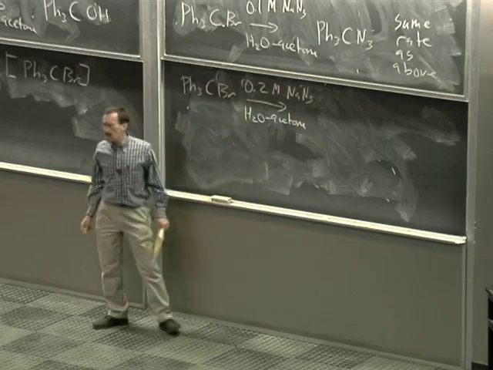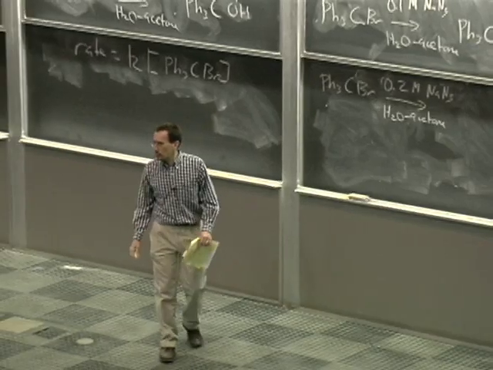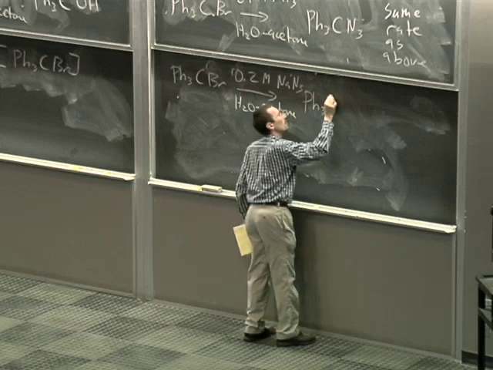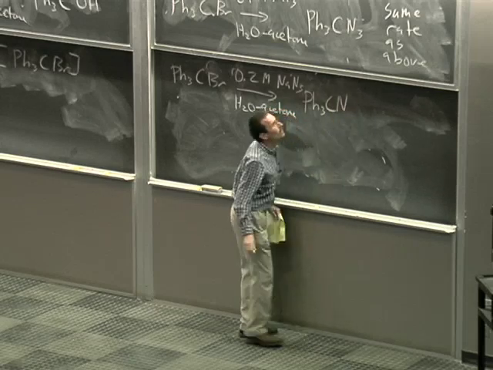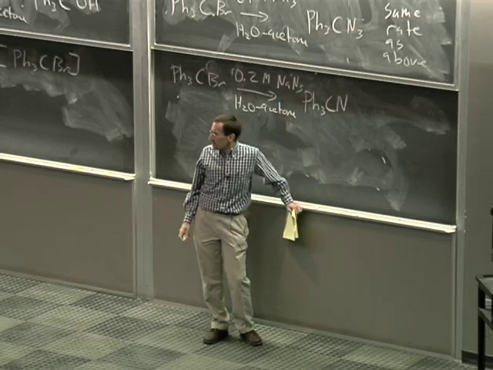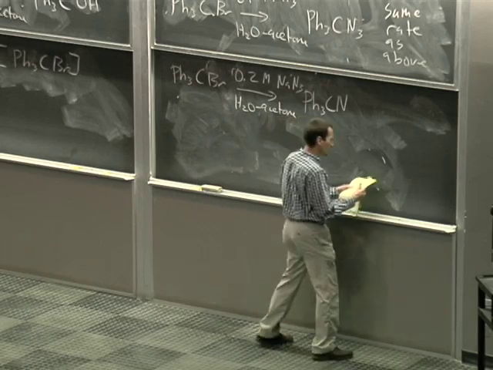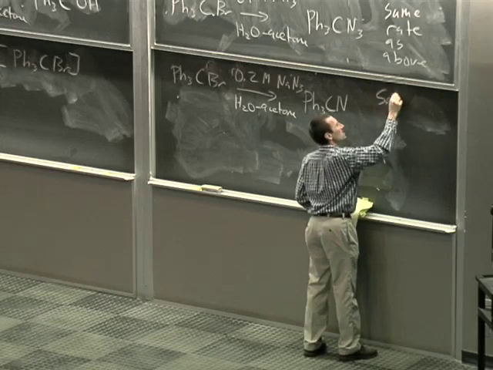And it shouldn't surprise us that our product of reaction is still the same azide. What may surprise us until we think about it is that the rate of reaction is the same as the other ones.